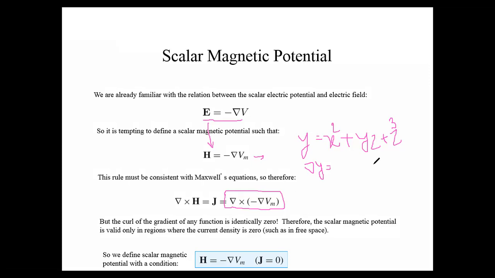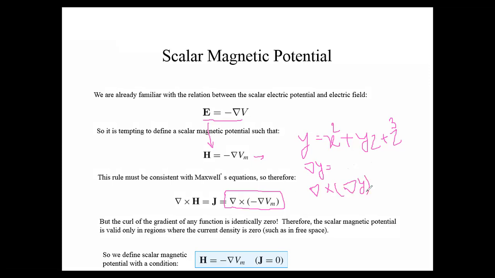So you take its gradient, just as an example, and then you take the curl of this gradient. Put a negative sign, or you may not put the negative sign; even if you don't, if you take the curl of this del y, del y is a vector, yes or no? Y is a scalar, but del y is a vector.